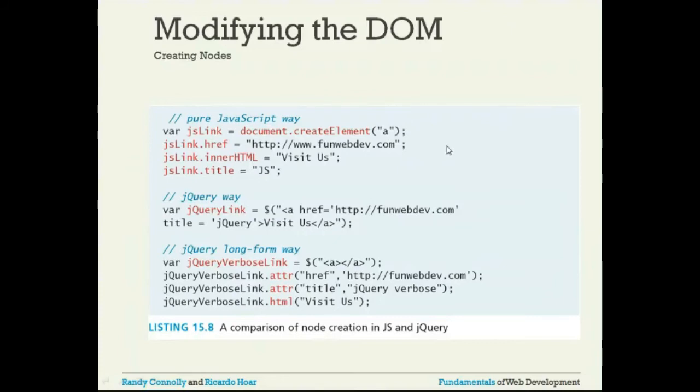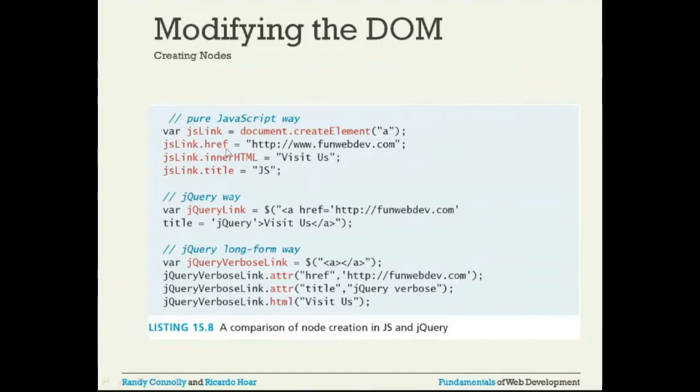Modifying the DOM, how to modify the DOM. This is the way we do it in pure JavaScript. How to do that? We will have a variable, JavaScript link, equal to document dot create element A. So we are going to create an HTML element A using the create element method. Once we created it, we have the reference in the JS link.